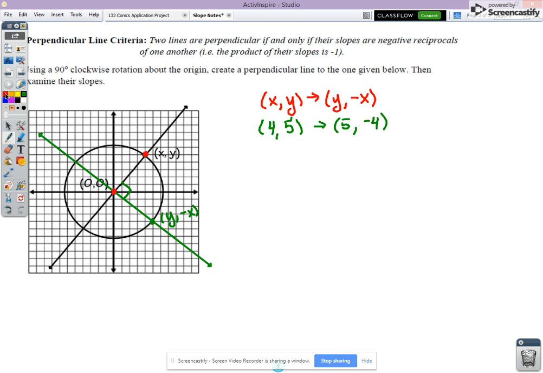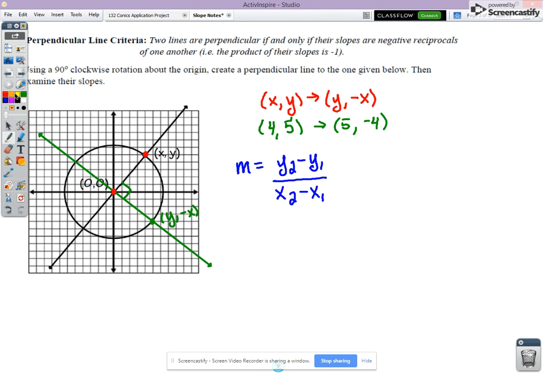Now what about their slopes? Well, the slope of this first line, I could just count, but because I want to talk about how it could be any point, let's use the x and y. So I want to remind you of something you learned in algebra, which was that between any 2 points, we can calculate the slope of a line by doing the change in y, which is y2 minus y1, divided by the change in x, or x2 minus x1. It's kind of a fancy way of saying rise over run.